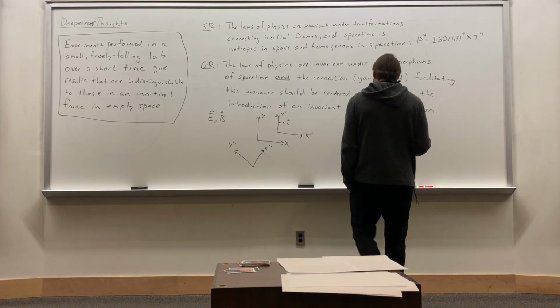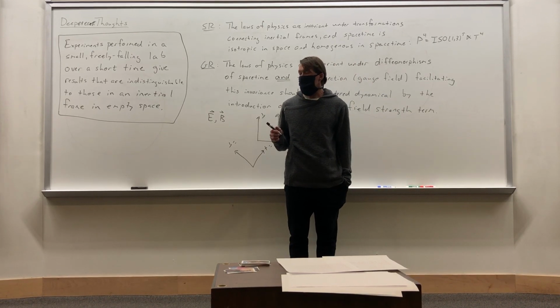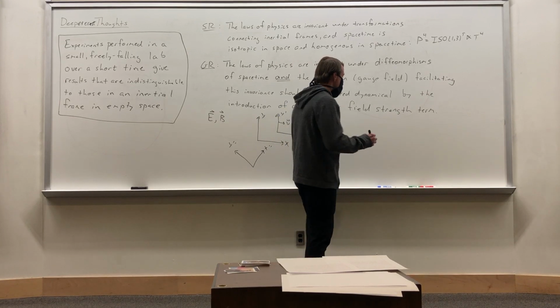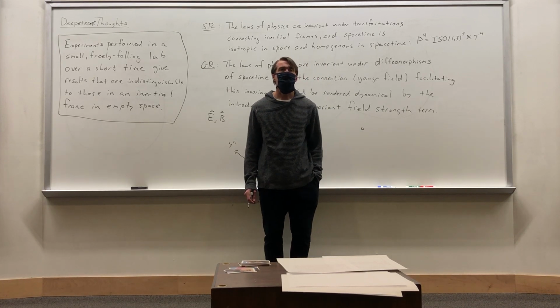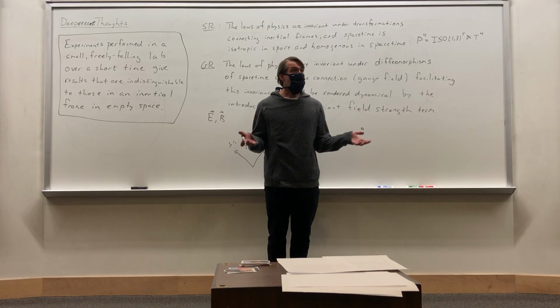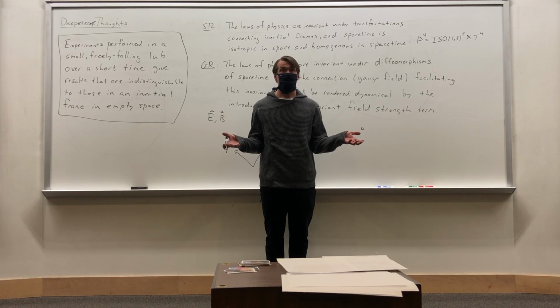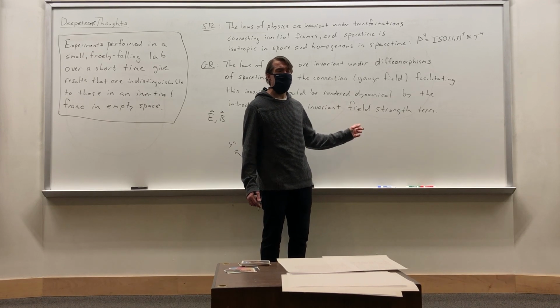In general relativity, we can do everything that you do in special relativity as long as we limit ourselves to a small lab that's in free fall. Because inside of a small lab that's in free fall, there's no gravitational effects. So physics should be described by special relativity, right? You agree? So I can take whatever I'm observing and I can boost, and then the boosted observer should experience the same physics.